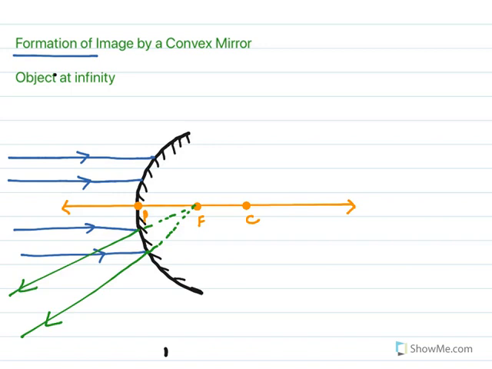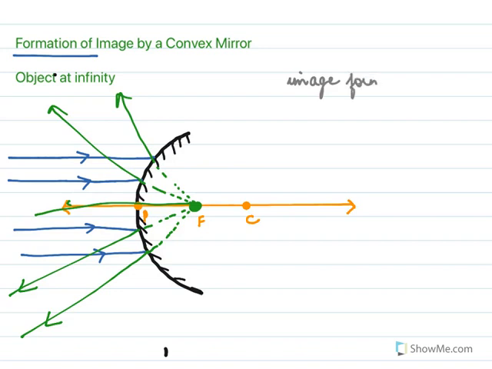So these rays that have come parallel, after reflection they will get reflected like this, and they will all appear to have come from the focus. So the image will be formed at this point, at the focus. It will be a highly diminished image formed at the focus. It is virtual because it is behind the mirror. So image formed at focus.